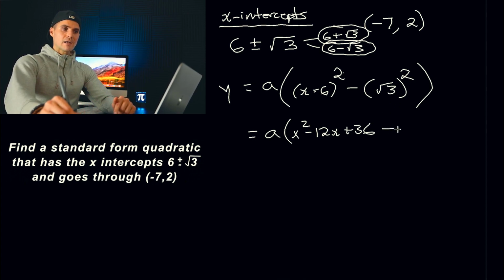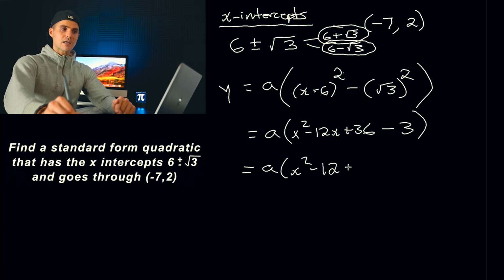And then we'd have minus, what's root 3 squared? Root 3 squared is just 3. Anything rooted squared is just going to be what's under that root. And so notice what happened at this point, the roots went away, right? Notice we're not dealing with any more roots at this point, which was basically our goal this whole time.